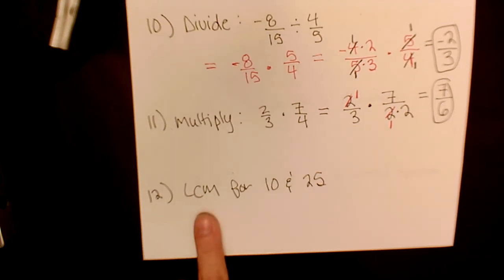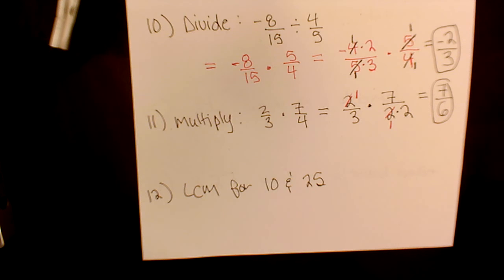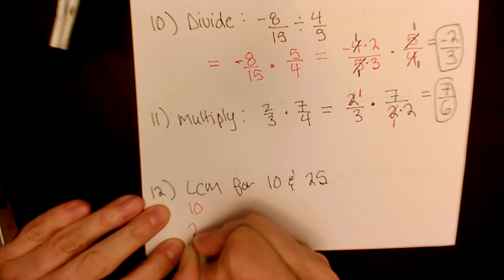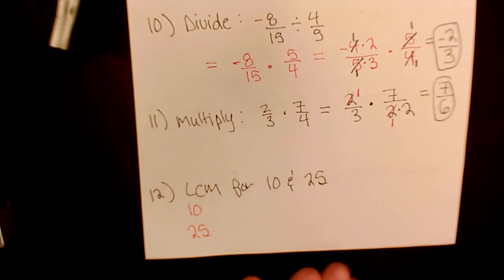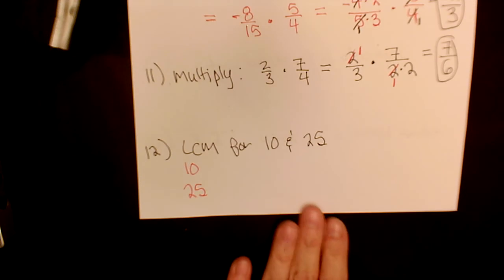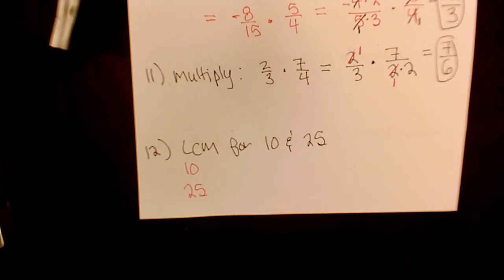And then do we remember for 12 what LCM means? Remember, LCM means least common multiple. So I'm going to write out the multiples of 10 and the multiples of 25, and I'm going to look for a match.